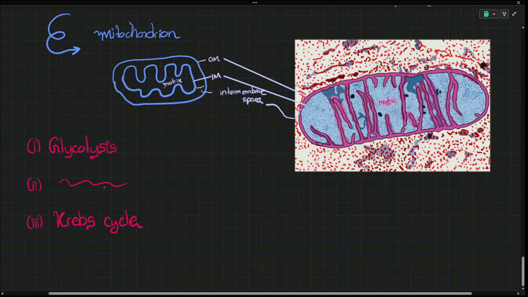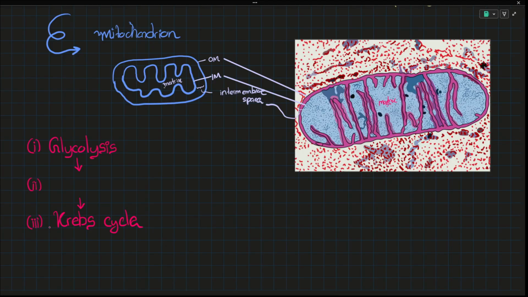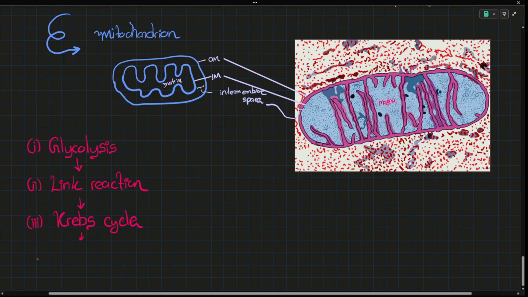Why did I leave this blank? That's because this stage links glycolysis to the Krebs cycle. What did it do? It links glycolysis to the Krebs cycle. So this is simply known as the link reaction. That's why I didn't give it to you before. So glycolysis, then it moves on to the link reaction, onwards to the Krebs cycle and then to the fourth and final stage.